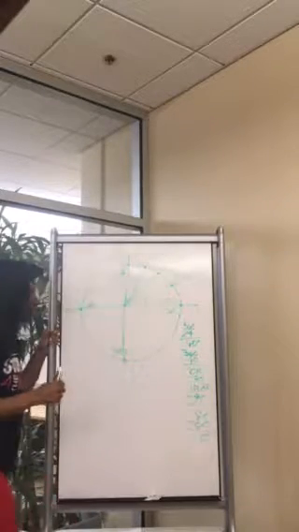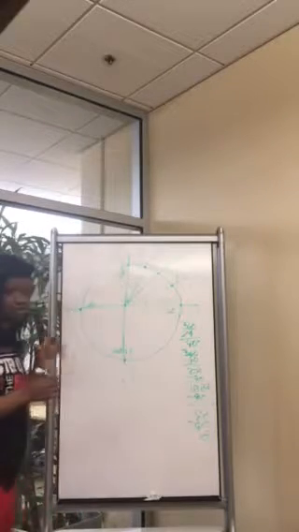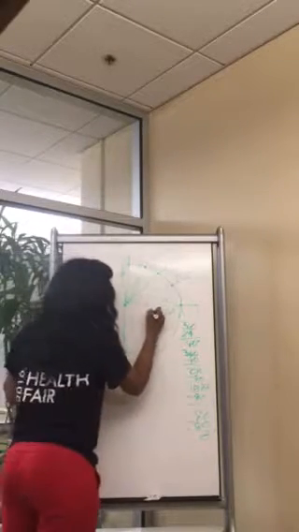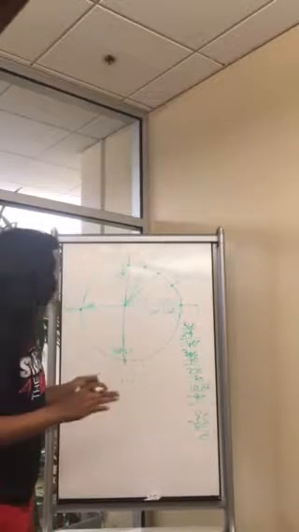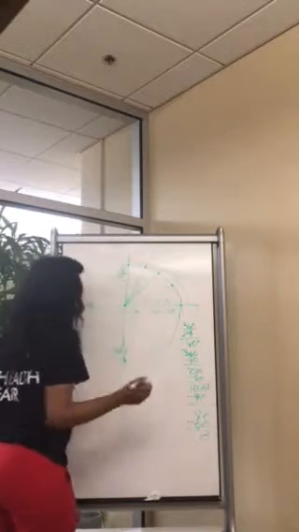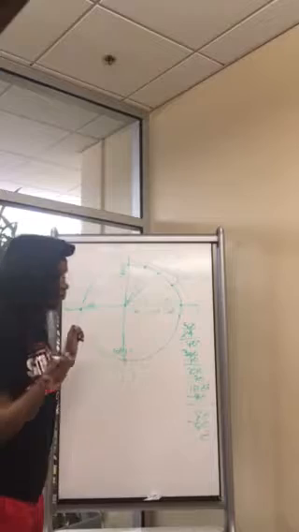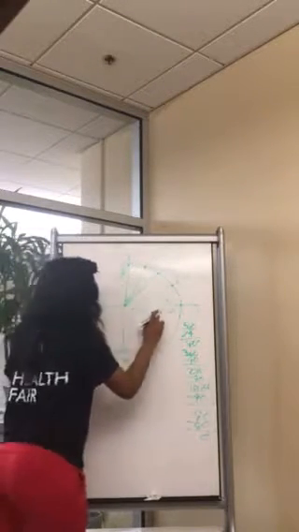Now, we know that the circumference of a circle is 2 pi r. But we also know that the radius of a unit circle is 1. So now we can simplify our radian for 360 to just be 2 pi.